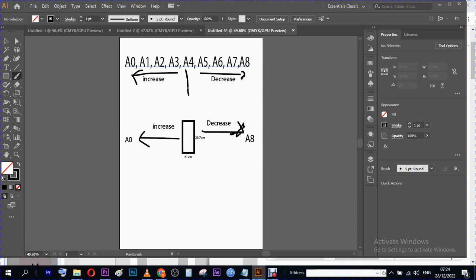So are you seeing that from F4, okay, this is our F4. So from F4 towards A0, the paper sizes increase, and from F4 towards A8, the paper sizes do what? Decrease. Then if at all we are looking at this, so this tries to explain it.